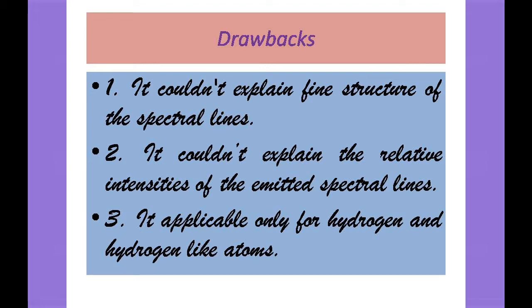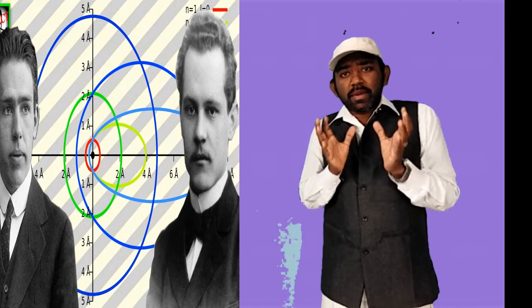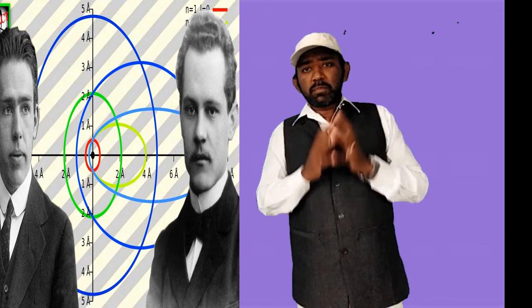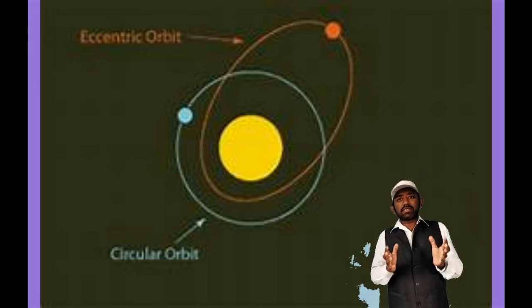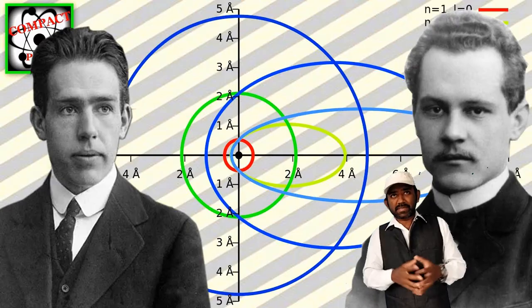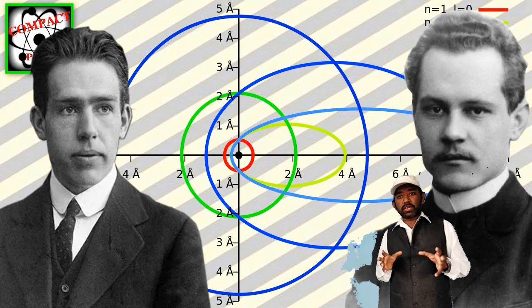To overcome this difficulty, Sommerfeld proposed a relativistic atomic model. In the Sommerfeld theory, he introduced two main modifications.